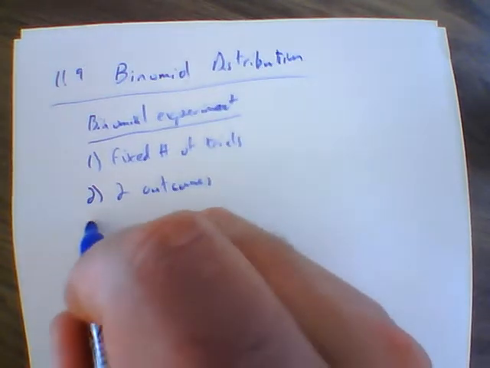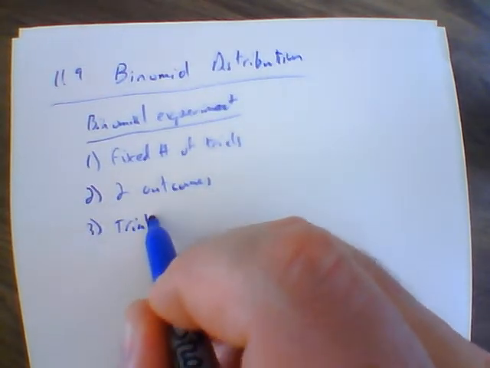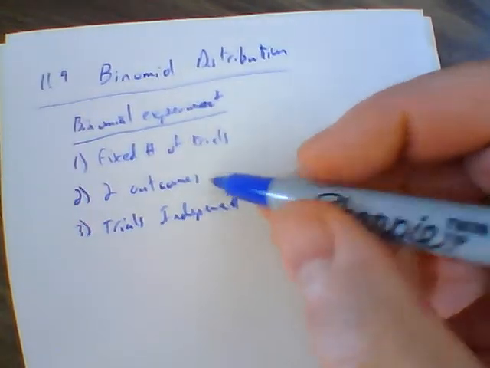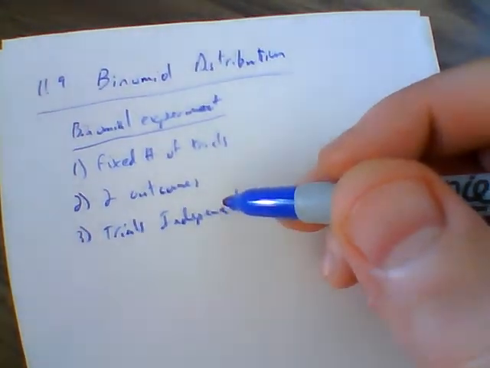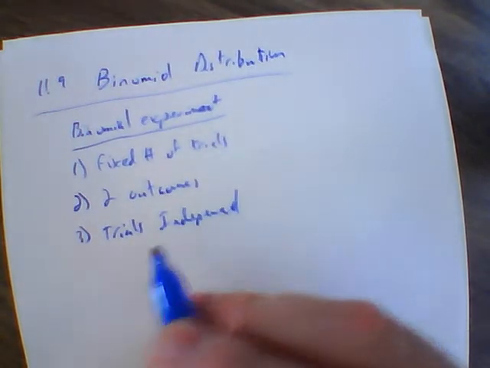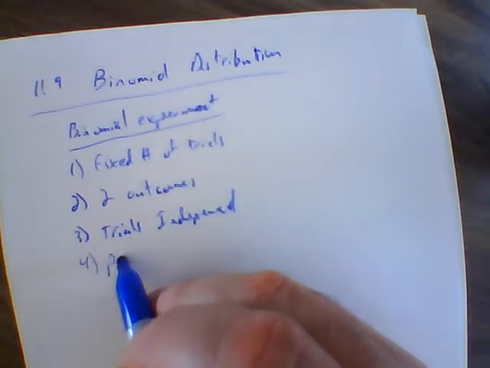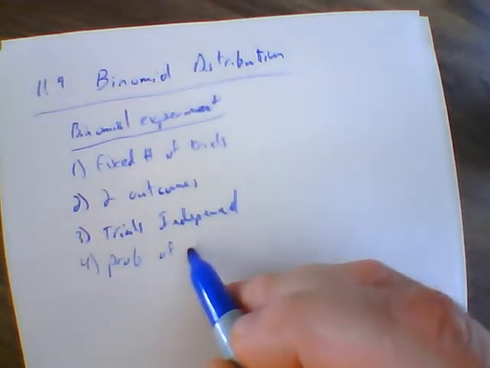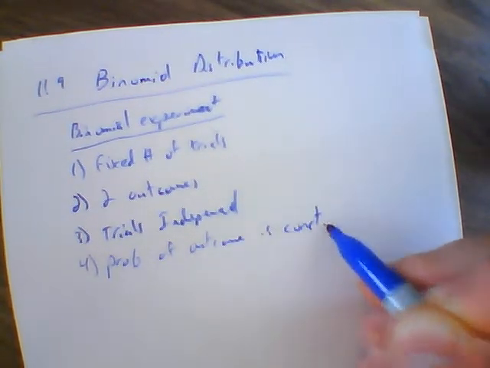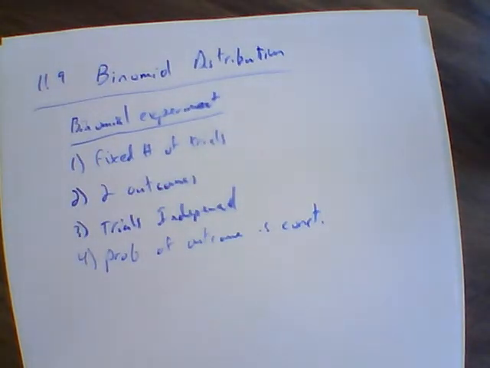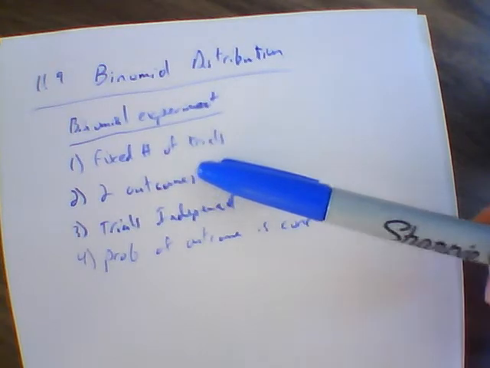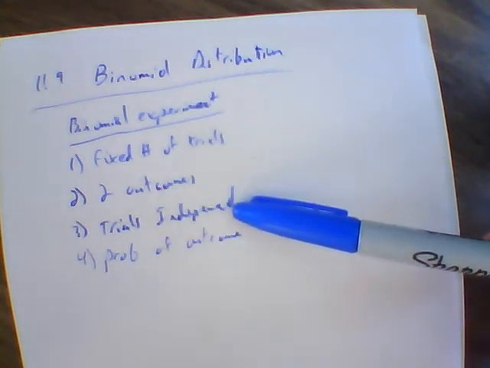The trials are independent. So there's no dependency on this. And then the probability of each outcome is constant. So once again, fixed number of trials, two outcomes, trials are independent of each other.